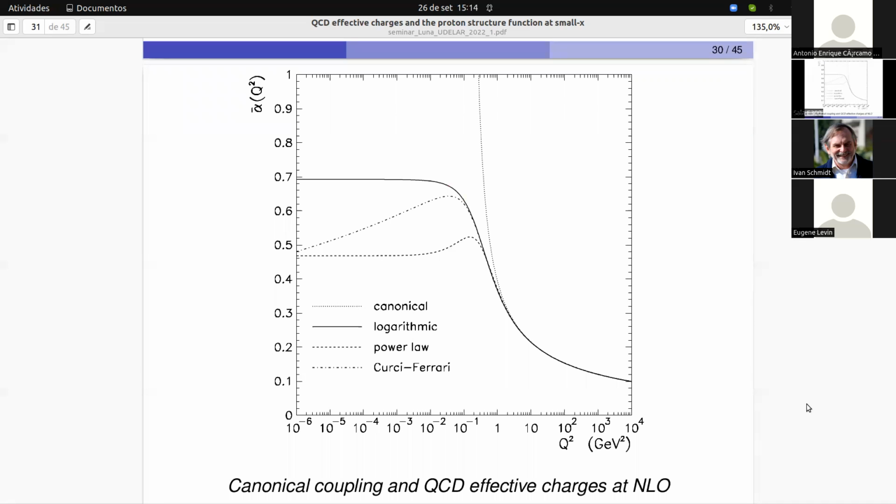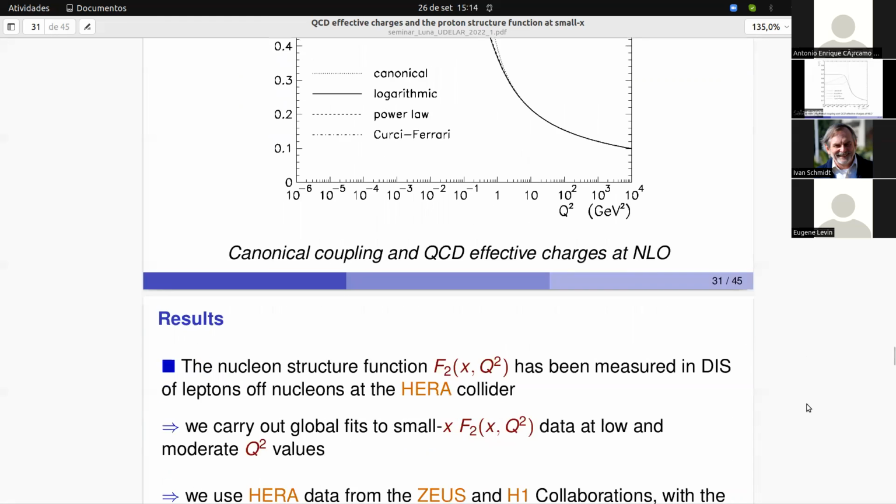Here I have just the comparison between the canonical perturbative QCD coupling and these three different couplings: the logarithmic, the power law, and the Cauchy-Ferrari. So there are three distinct behaviors that you have in the infrared region, okay?